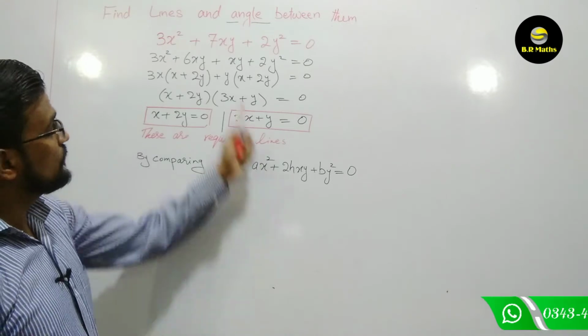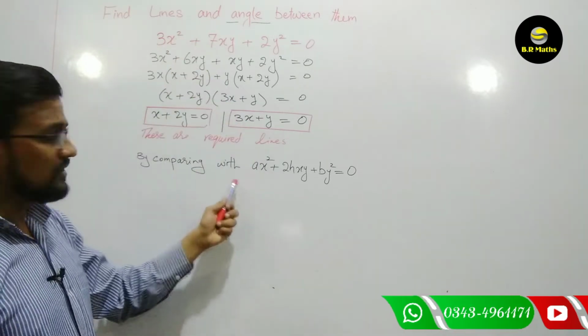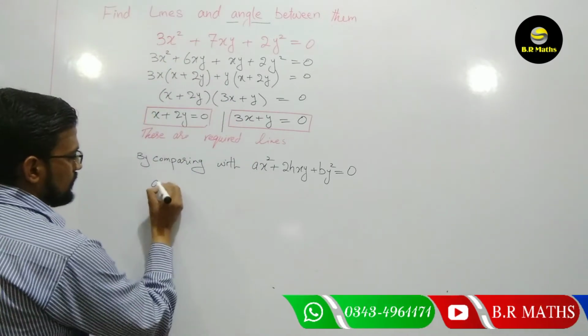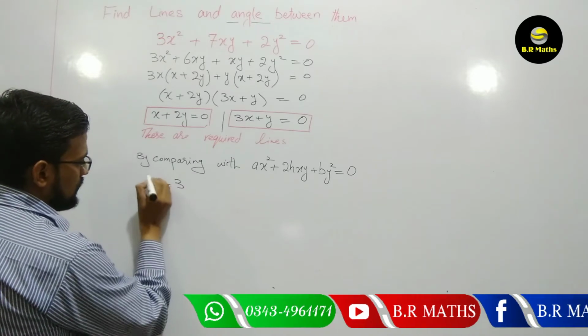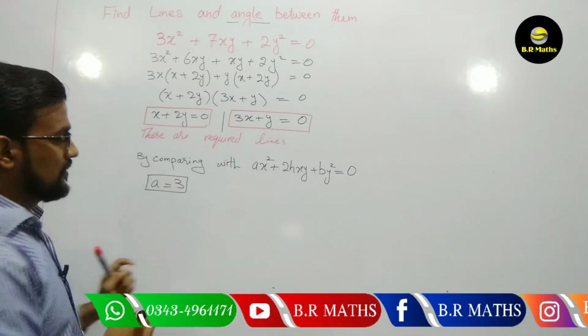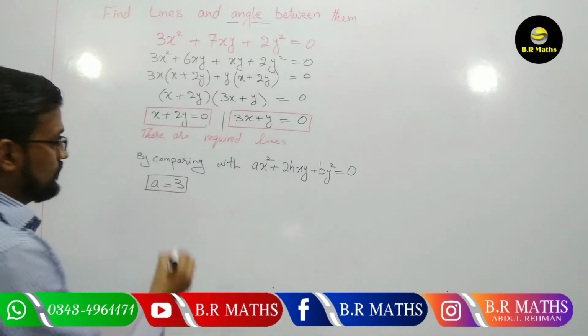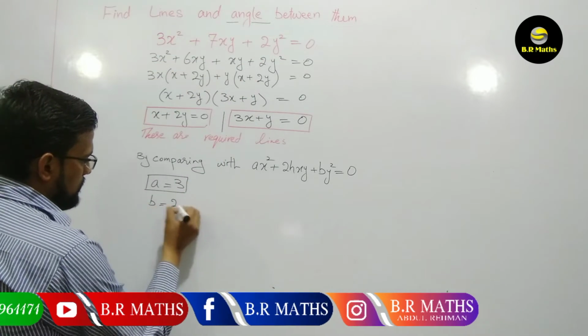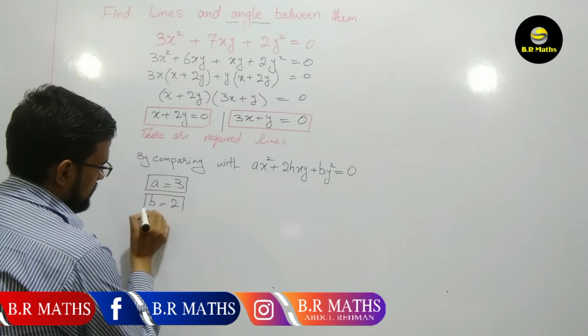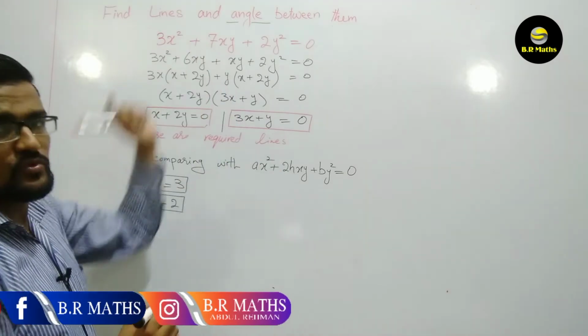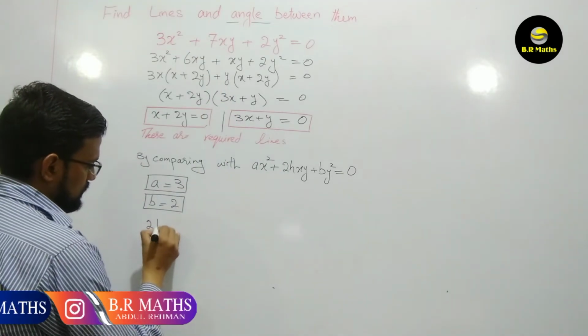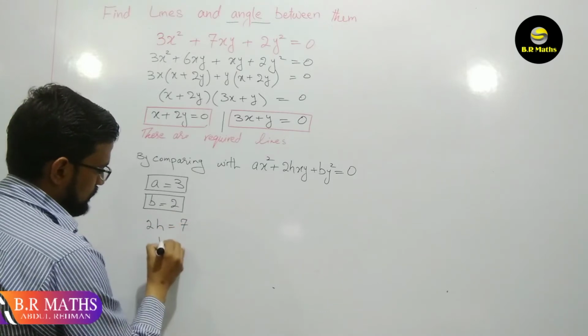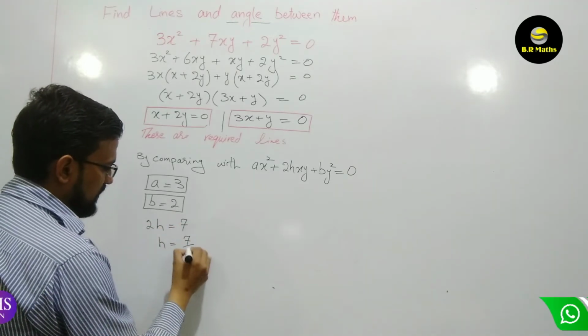So comparing, a is equal to 3, b is equal to 2, and 2h is equal to 7, where h is equal to 7 divided by 2.